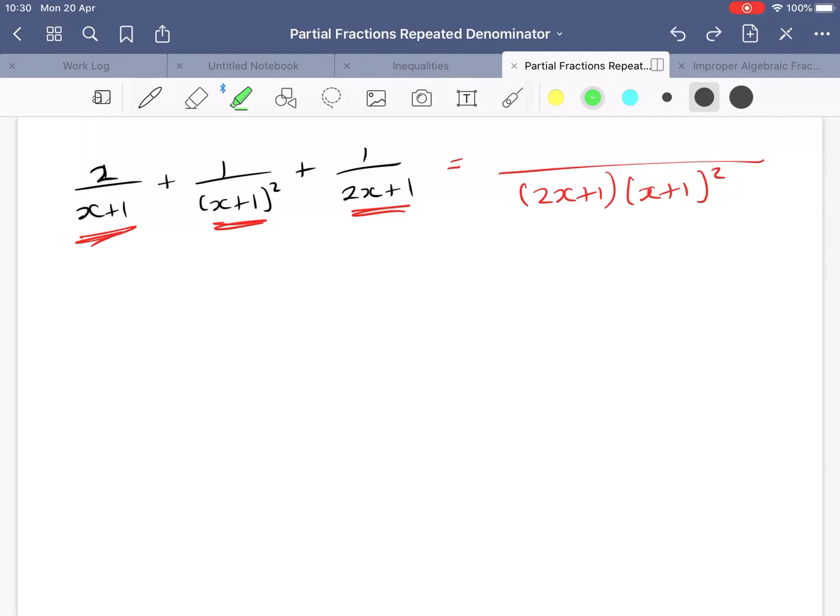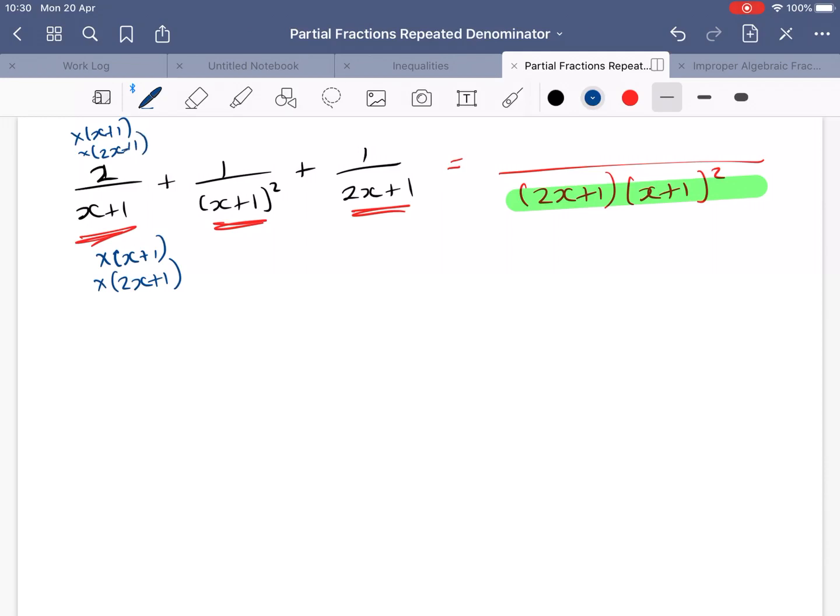So let's think, what do I have to do to make this my denominator for each of my three fractions? Well, if I look at the first fraction, I actually need an extra factor of x plus 1 and a 2x plus 1. And again, whatever you multiply the denominator by, you have to do the same to the numerator.